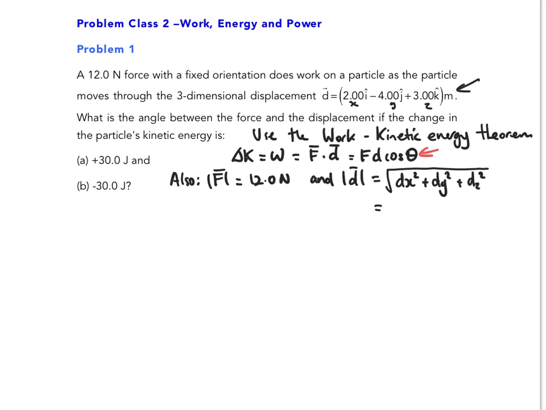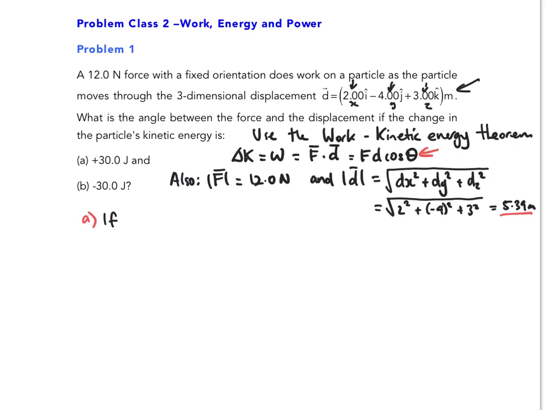If we take those components, 2, minus 4, minus 3, and square them, we get 2 squared plus minus 4 squared plus 3 squared, which equals 5.39 meters. So we've got those, and since the change in the particle's kinetic energy is 30 joules, we should be able to work out the angle.